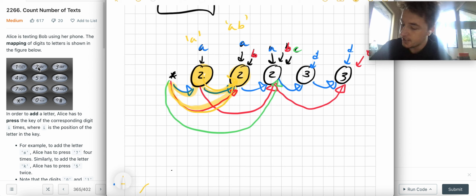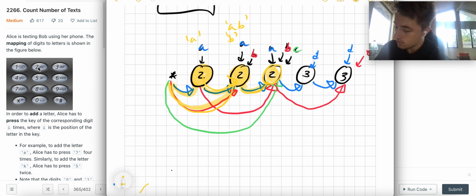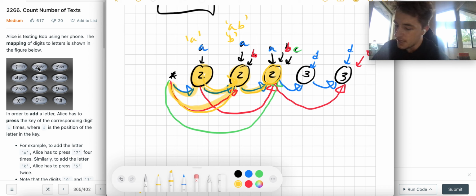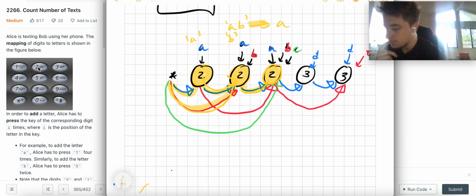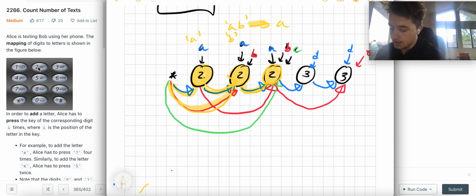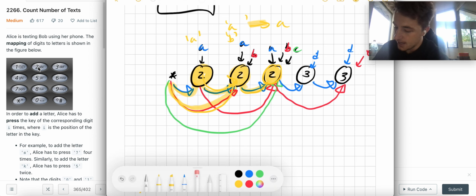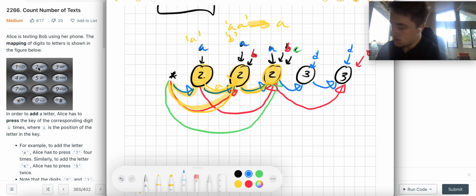But if it led from this link here, it's B. If we get to this final spot here, if it led from this node, then it could be AB. Sorry, not ABA. This is AA, because the A is this link, this blue link. I'm all over the place.